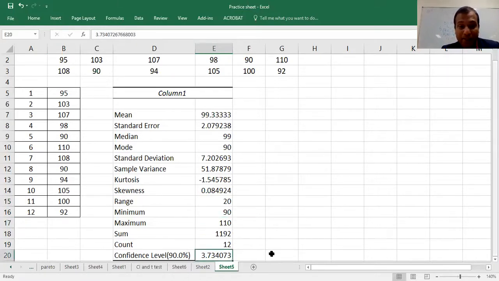What is the confidence level 90%? This one is known as your margin of error. Let me write here: this value is your margin of error.